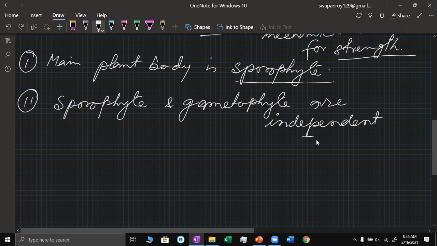This is a unique character in the plant kingdom. Because in bryophytes we have seen the sporophyte is dependent on the gametophyte. In the higher groups of plants, in gymnosperm and angiosperm, the gametophyte is dependent on the sporophyte. But in pteridophytes, gametophyte and sporophyte both are independent.